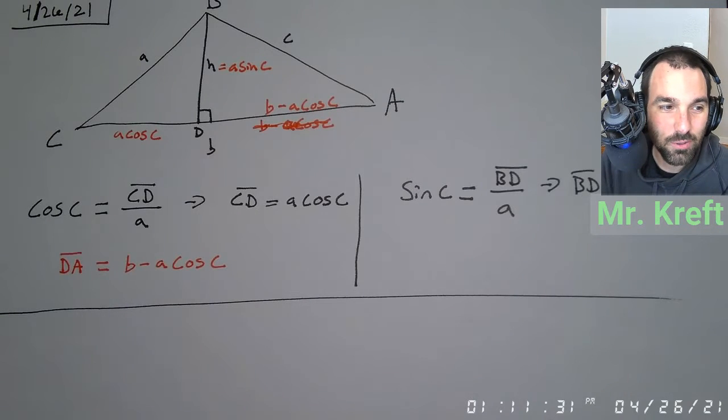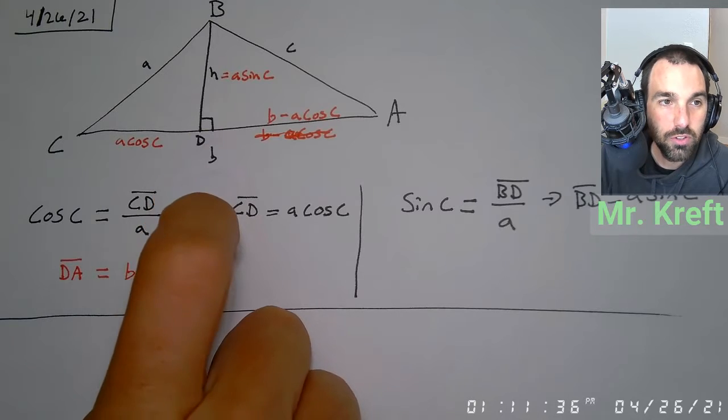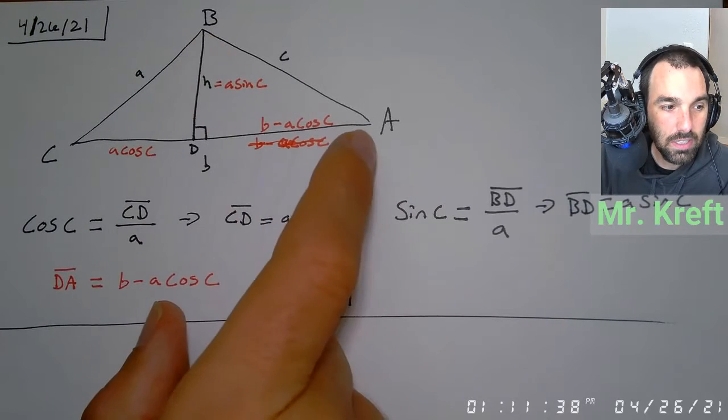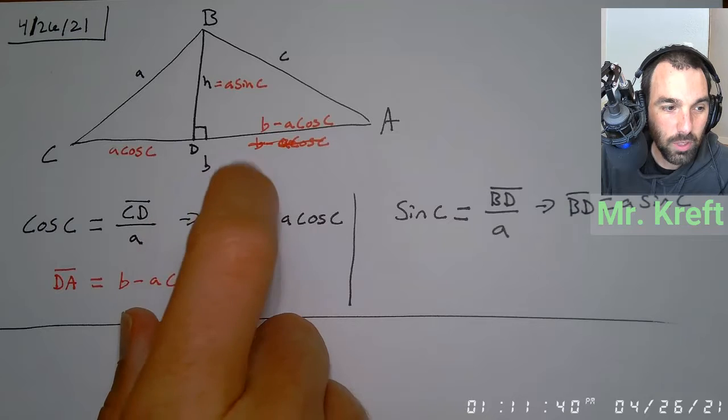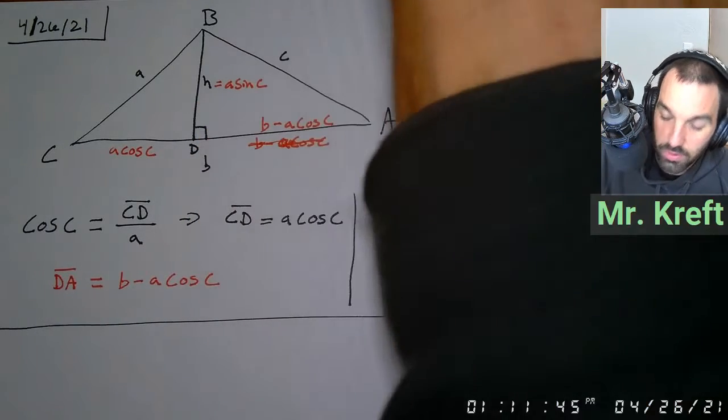So now things are going to get interesting. Notice how when the altitude comes down, it's a right triangle, which means ABD is a right triangle. So this triangle on the right is a right triangle.